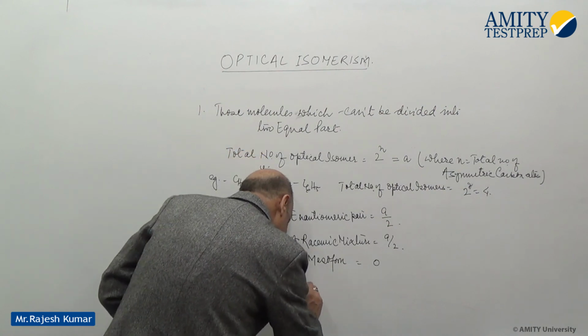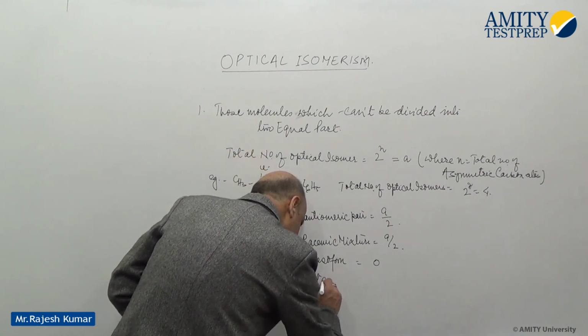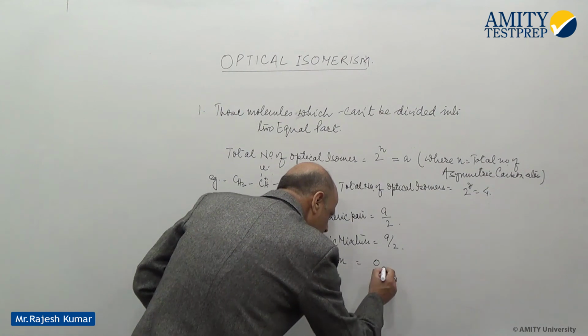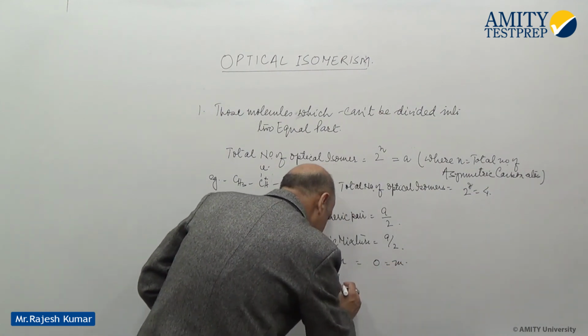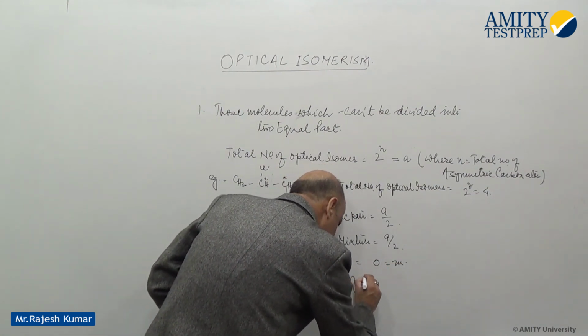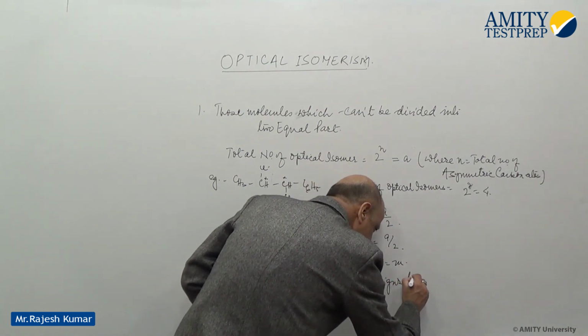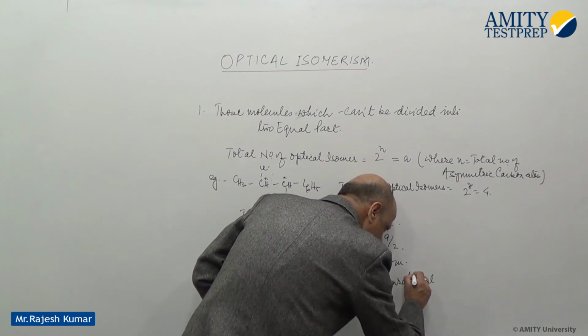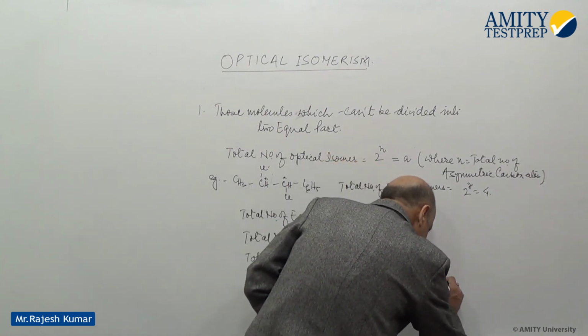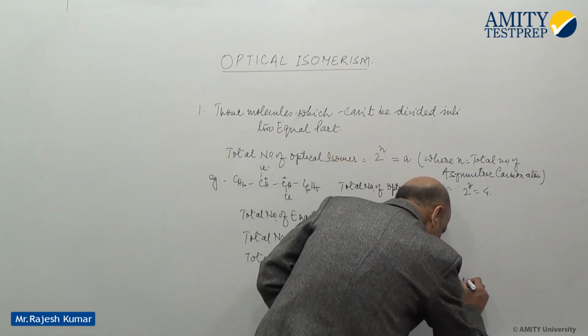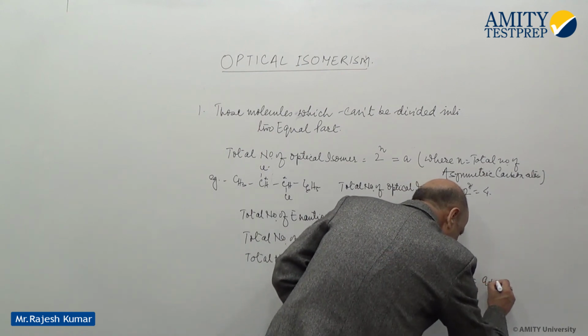Therefore, ultimately we can say the total number of configurational isomers is equal to A plus m.